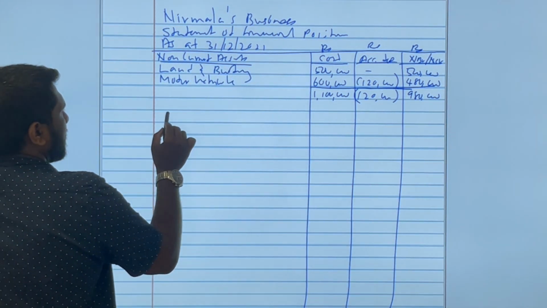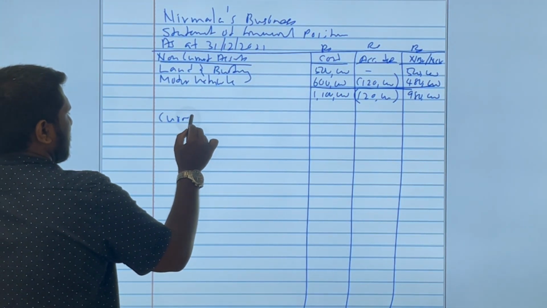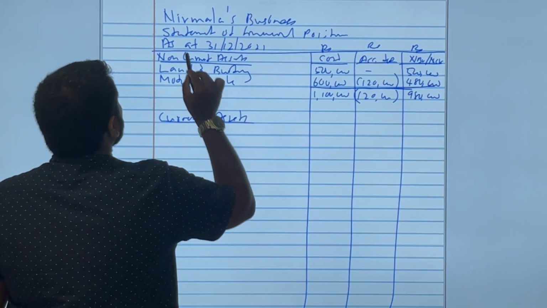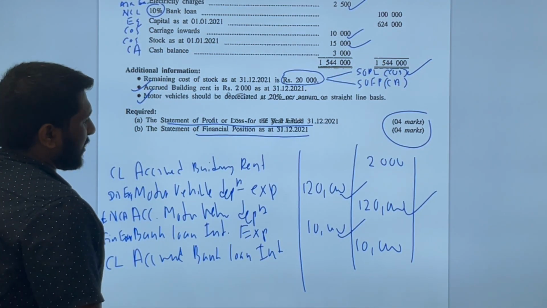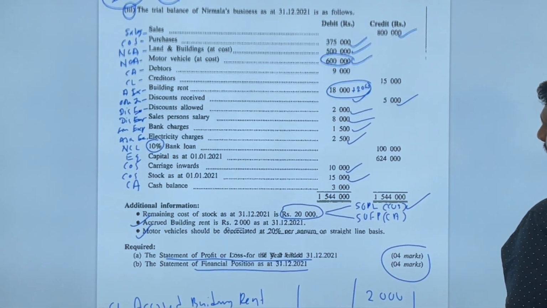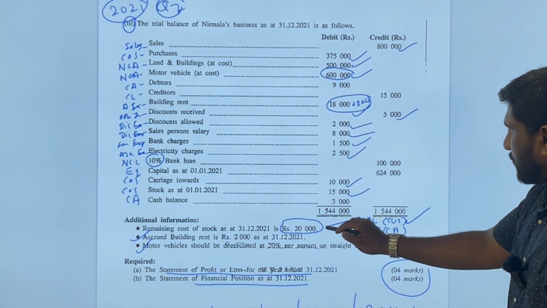Then you can move to the current assets. What are the things that you have? Let's start with this one.